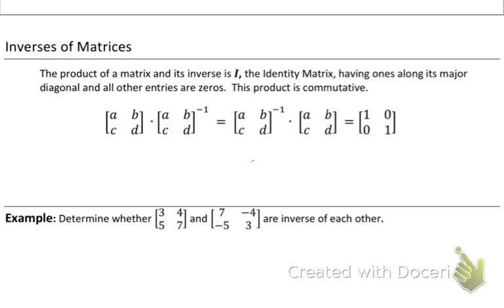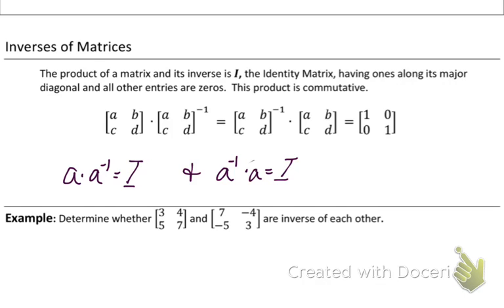So in order to be the inverse, you have to check to make sure A times the inverse equals the identity. And you have to check to make sure A inverse times A is also the identity. So you have to do two separate multiplications.